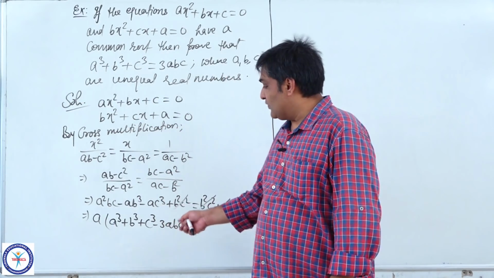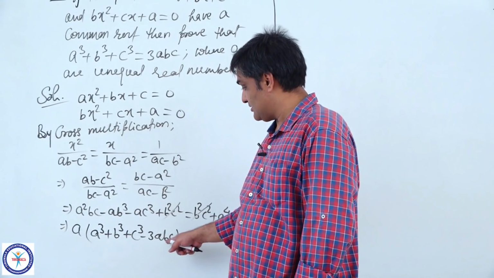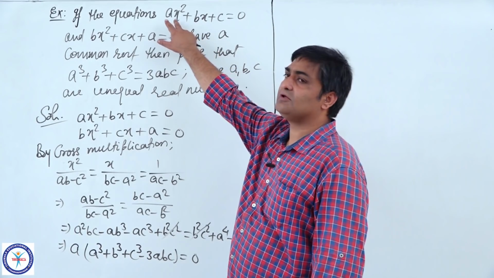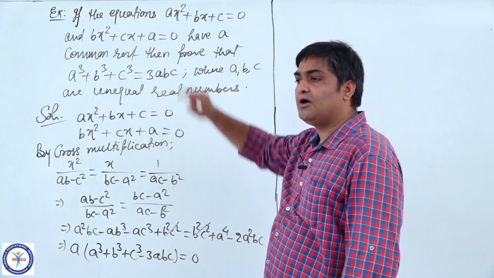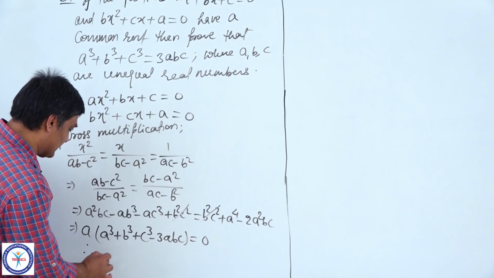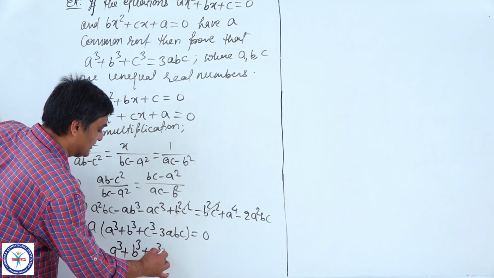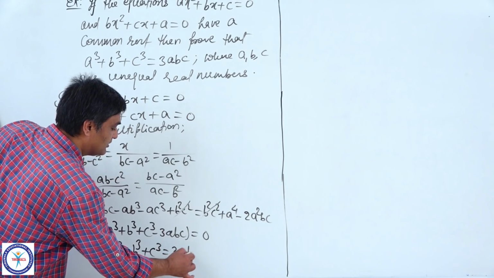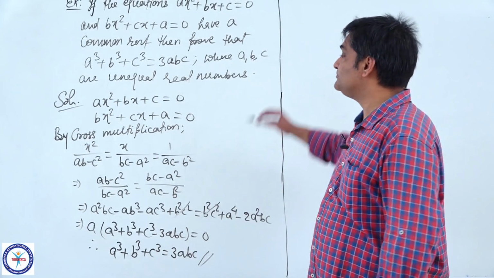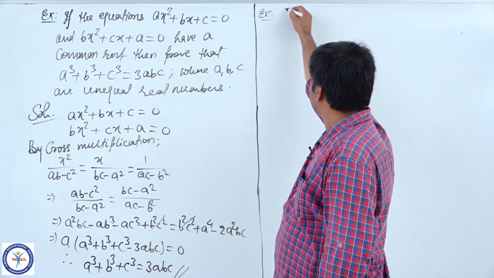Now, either a is 0 or this bracket is 0. If a is 0, this equation will not be a quadratic equation. So, therefore, we can say that a cube plus b cube plus c cube equal to 3abc.